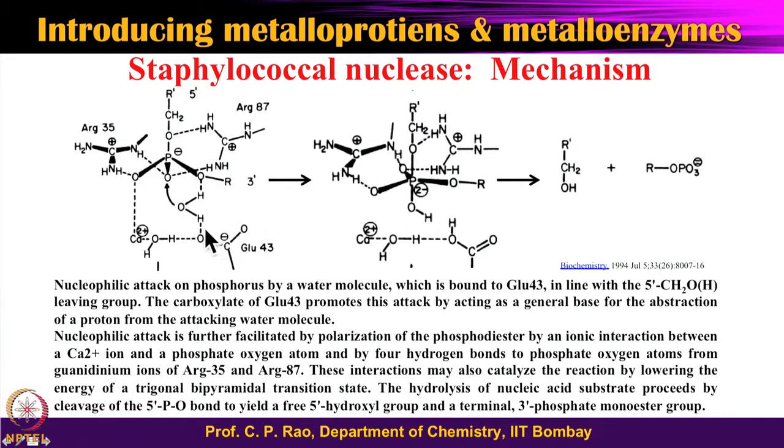And it is not just the role of the glutamate that is important; the role of arginine 35 and the role of arginine 87 are equally important in the whole process of reaction, converting into the transition state and converting into product, all three stages of this.